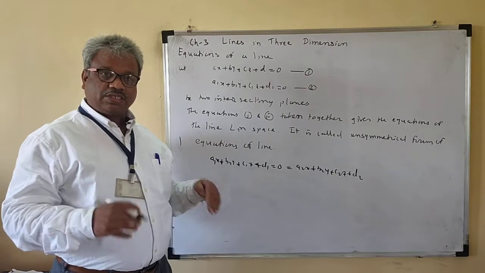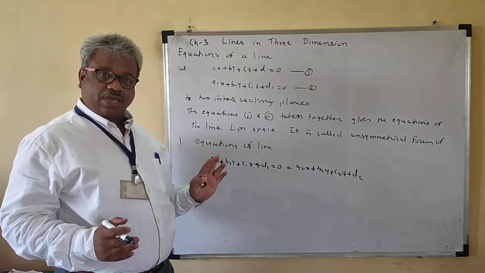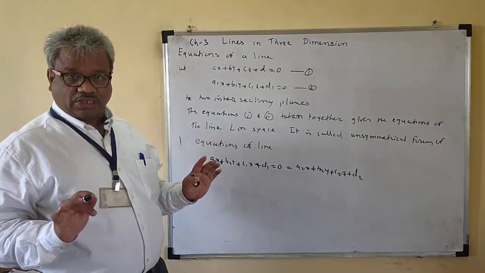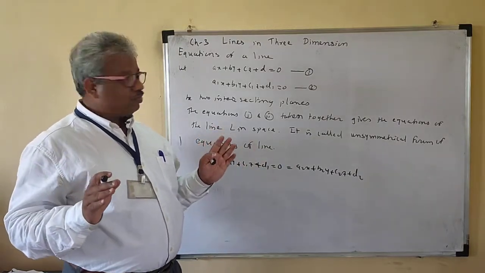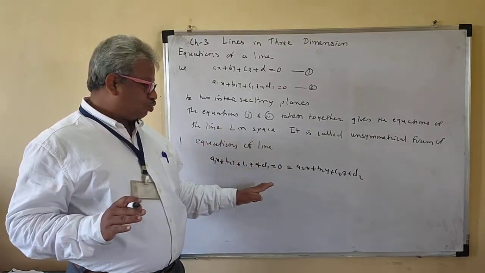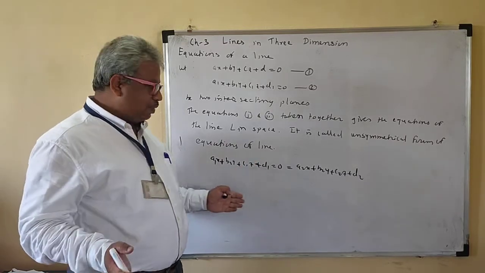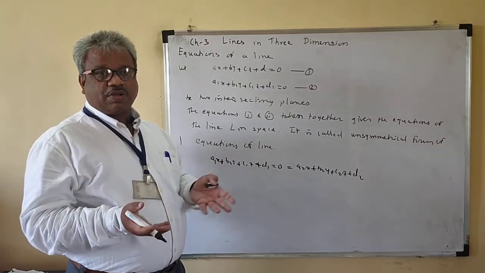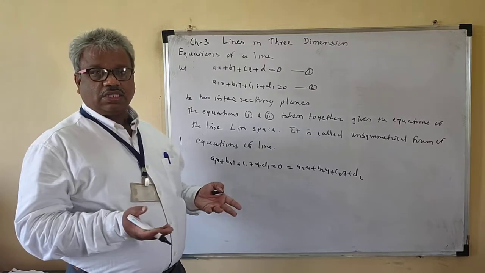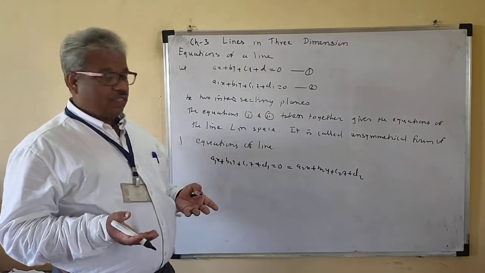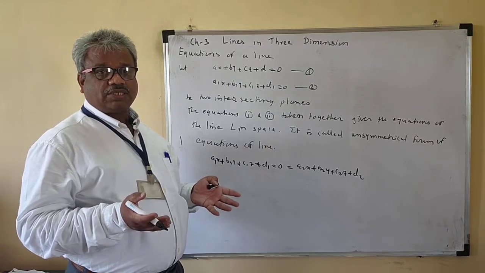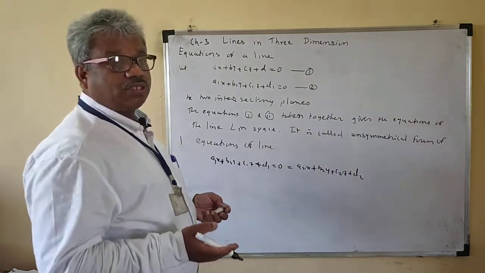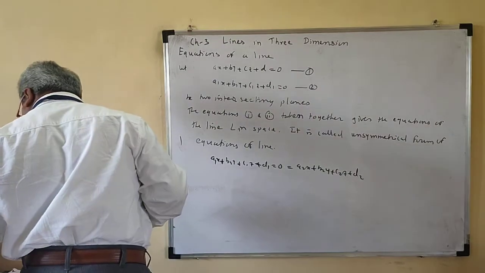These are the equations of a line, equations, not an equation. In general it has two equations. So two equations of planes together are nothing but the equations of a line.